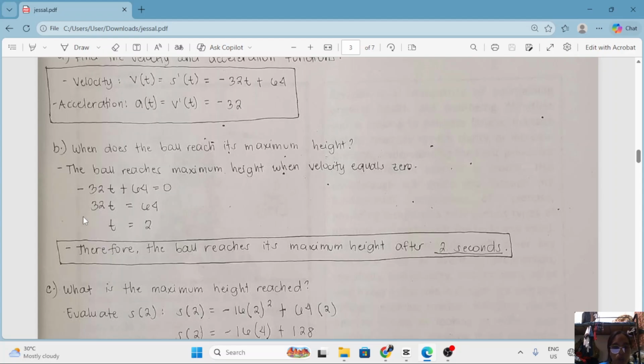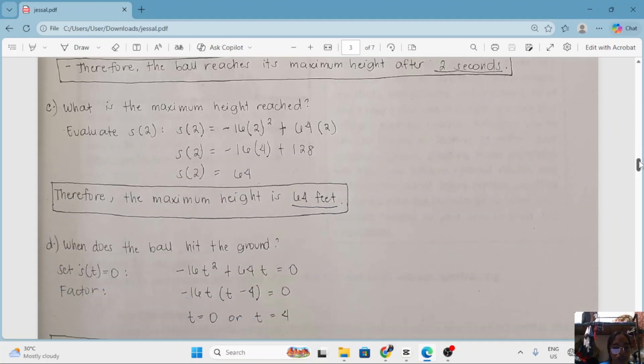So, we have now the equation negative 32t plus 64 is equal to 0. So that would be 32t is equal to 64, and then we divide both sides by 32, so the answer would be t is equal to 2. So therefore, the ball reaches its maximum height after 2 seconds.